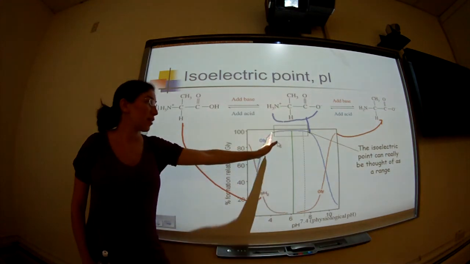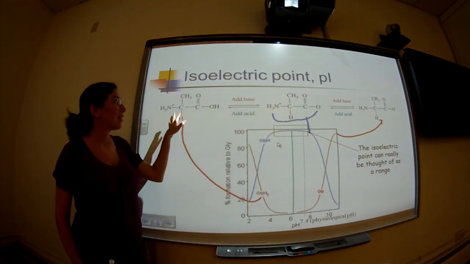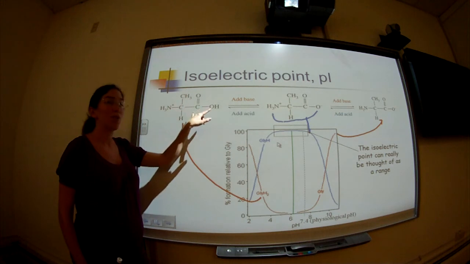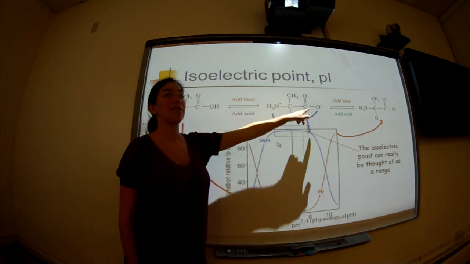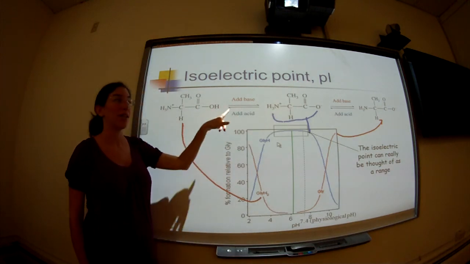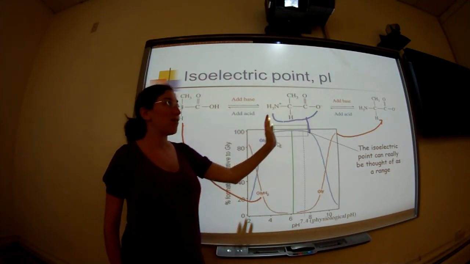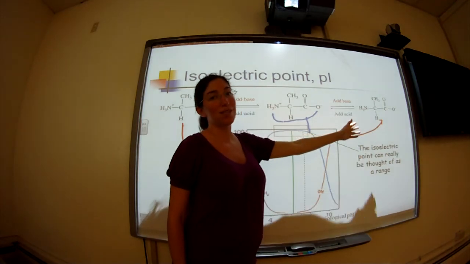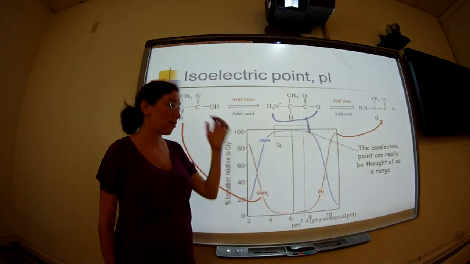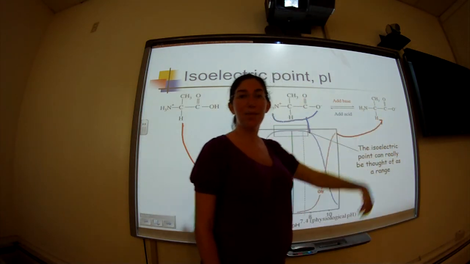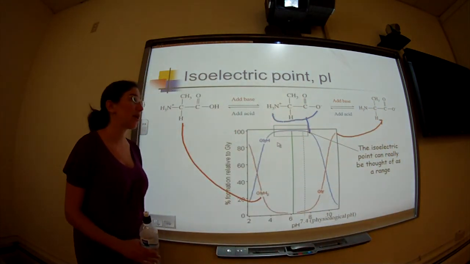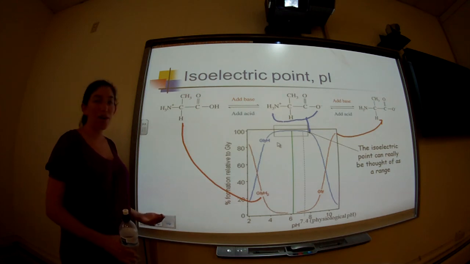Now, if you start adding more acid, you get more protonation, so you protonate the acid group that was deprotonated as a Zwitterion. And if you get more basic, so there are fewer hydronium ions around, then you fully deprotonate, and both groups are going to be in their deprotonated form. That's all this is saying.